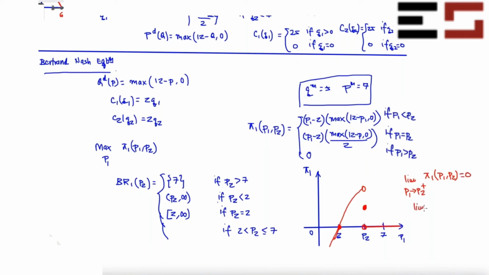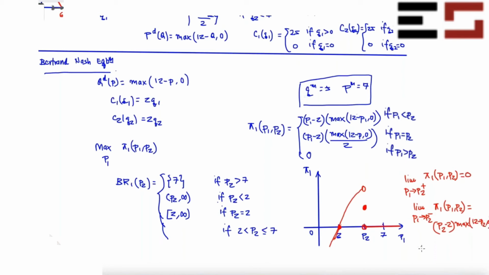What is the limit as P1 approaches P2 from the left of pi 1 P1 P2? It is this value. So how do you get this value? You simply put P2 here. So you're going to get P2 minus 2 into max of 12 minus P2 comma 0.